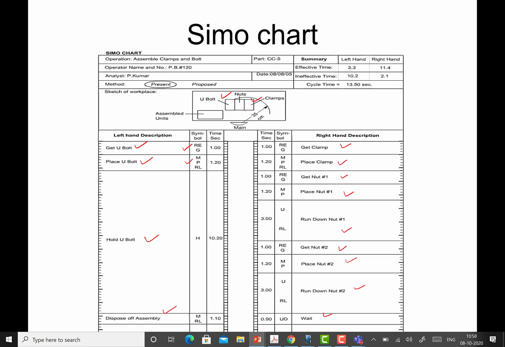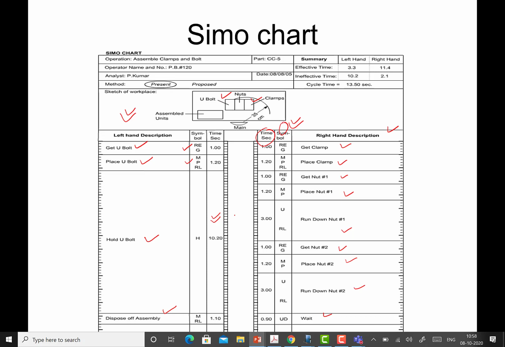Here, the time scale is in seconds, and the different therbligs being done by the right hand are recorded, and here the different therbligs being done by the left hand are recorded. The time scales are different because the different therbligs being done by the different hands may be of different time magnitude.